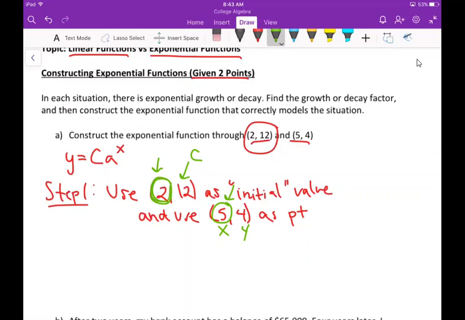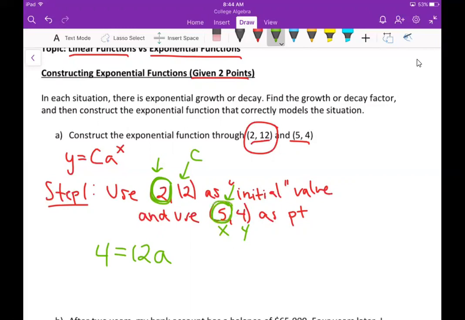So as I'm plugging this in, I see that y is 4 from my point. That's going to equal my initial value, c of 12. I don't know a, so that's what this step is going to help me find: a, the growth factor. But this exponent is where I'm left with a question mark. What do I plug in?